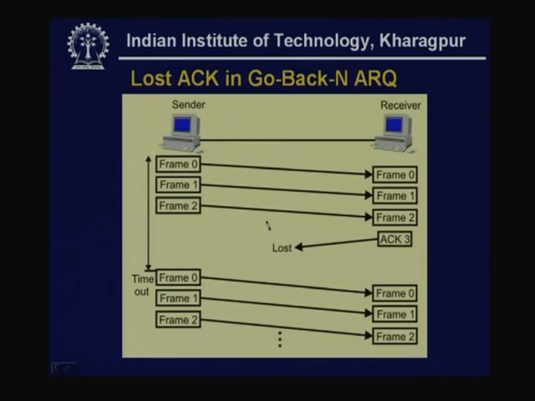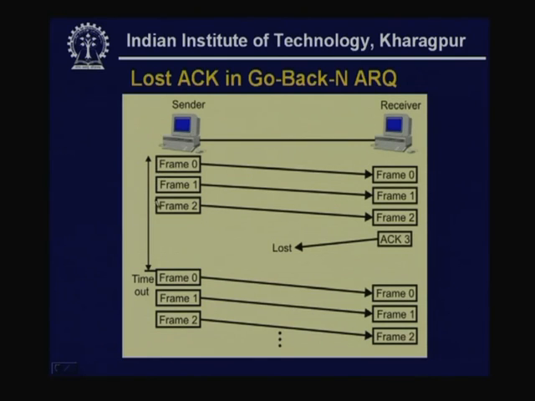Let us see how the lost acknowledgement is tackled. Here we see that frame 0 is sent, frame 1 is sent, it is received correctly, frame 2 is also received correctly. So, it sends an acknowledgement ACK 3. That means, it is asking the frame 3 to be sent, and it is lost unfortunately. So, after sending frame 0, it has not received an acknowledgement.